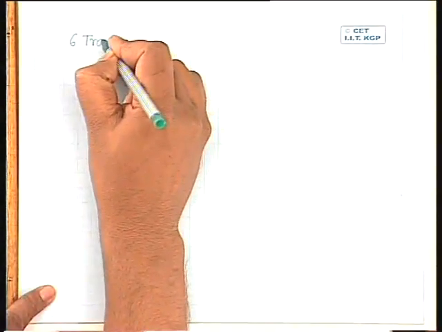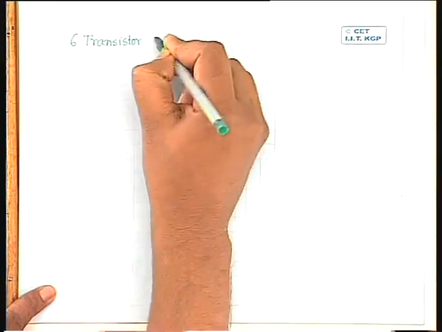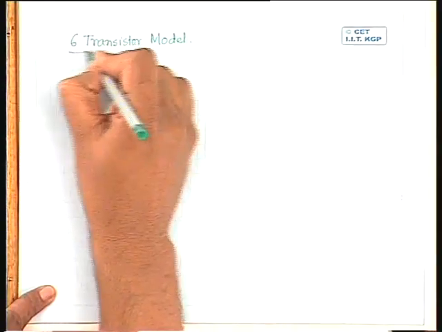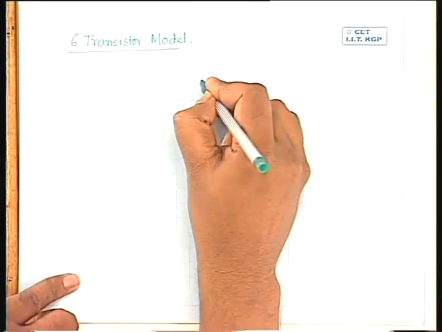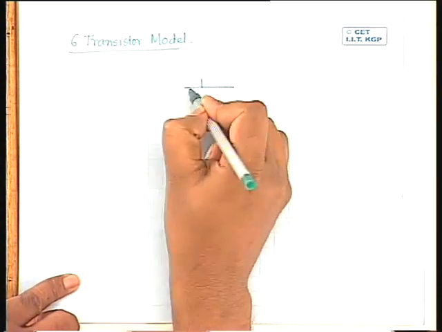So, for practical implementation, each of these cells is implemented by using a model which is called a 6 transistor model. And it is very simple. Every cell will be something like this.